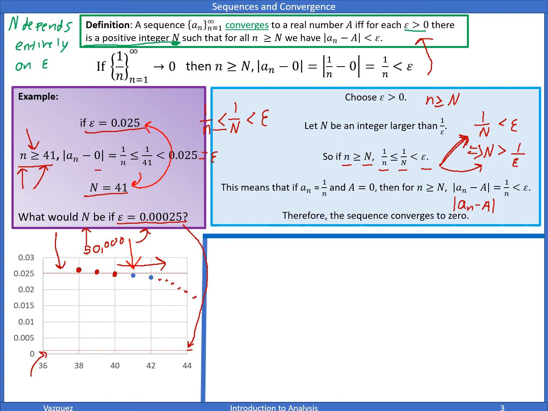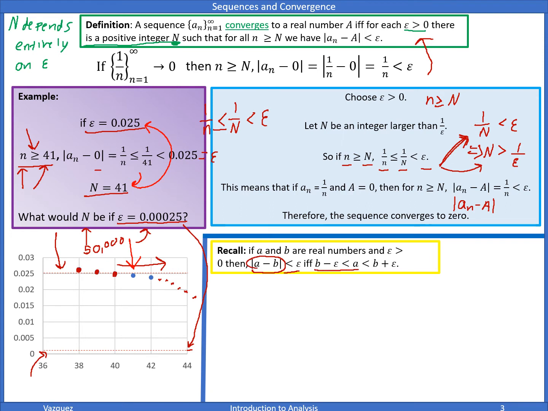One more thing to recall. You remember this from probably high school algebra or any other class in high school, that if a and b are real numbers and epsilon is greater than 0, then that absolute value, this difference in the absolute value, being less than epsilon, we can just rewrite that like this.